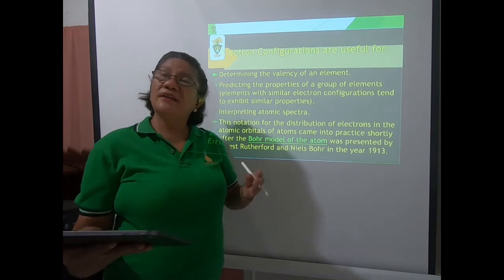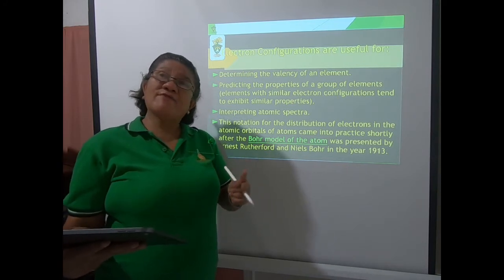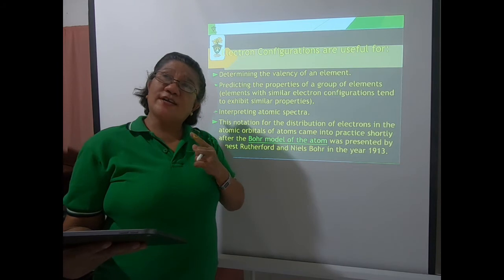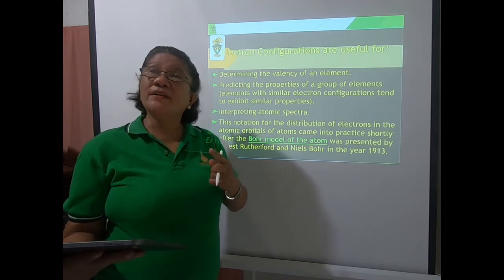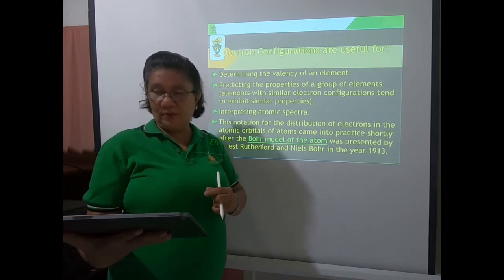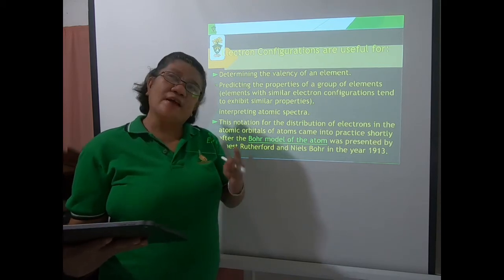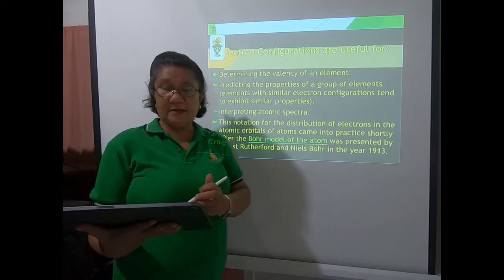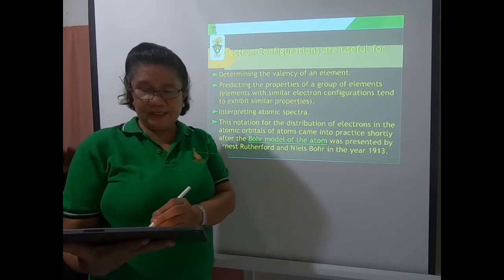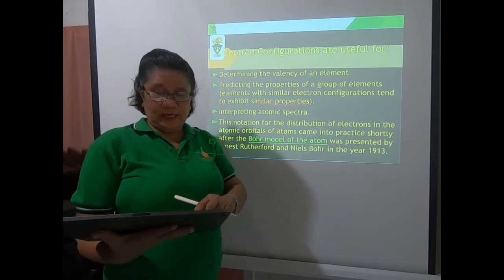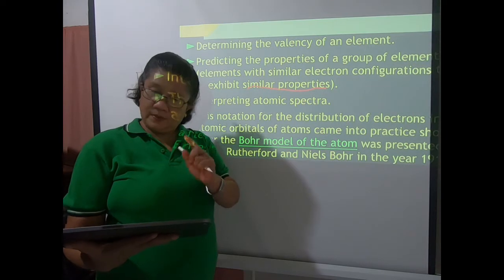Group 1 has a charge of +1, group 2 has +2. Why is it that they are grouped that way? Because they exhibit similar properties.